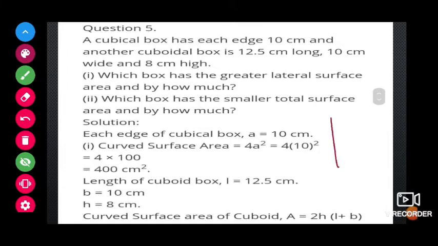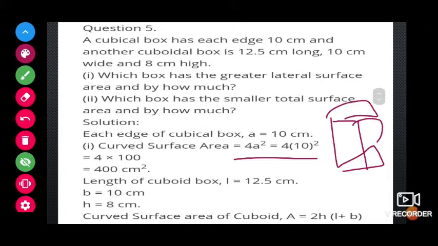Lateral surface area means we have to remove the top and the bottom, only the four sides. So the lateral surface area of the cube will be 4a square. So we get 4 into a square, which is 4 into 10 square, so 400 centimeter square.